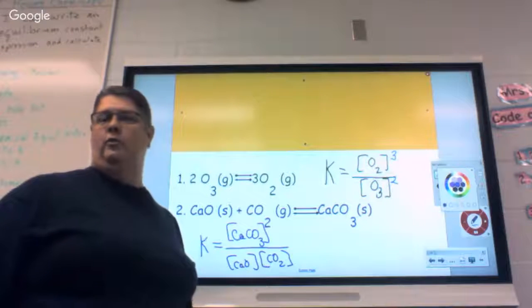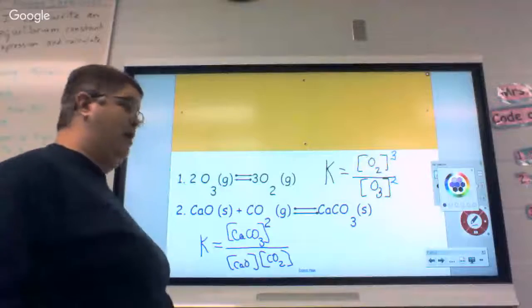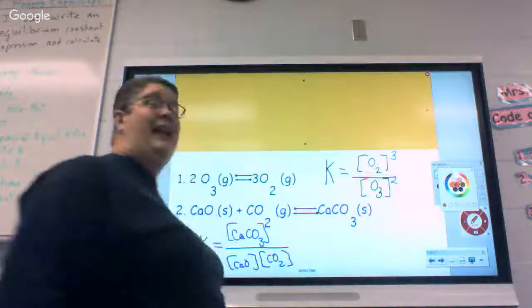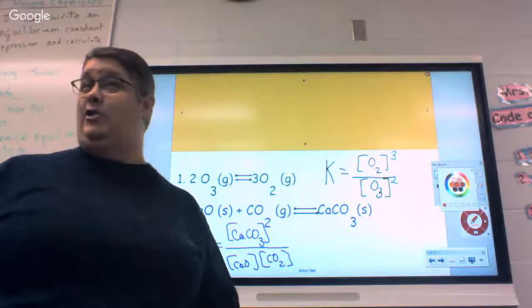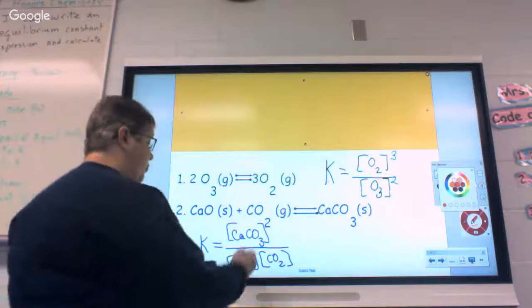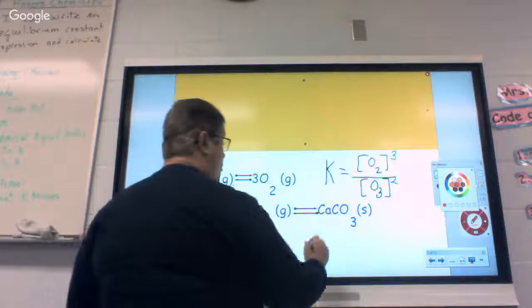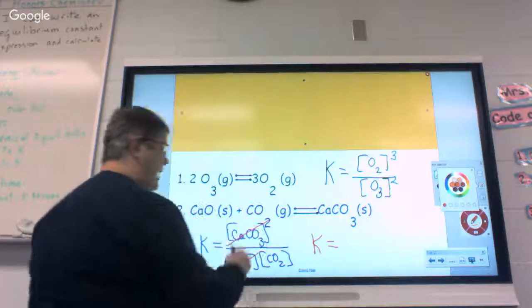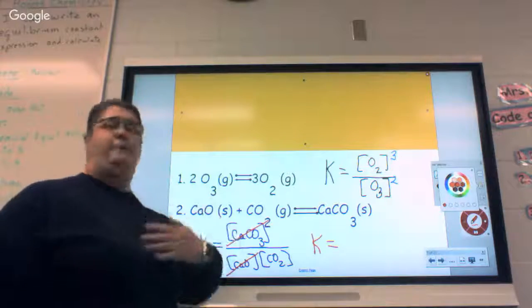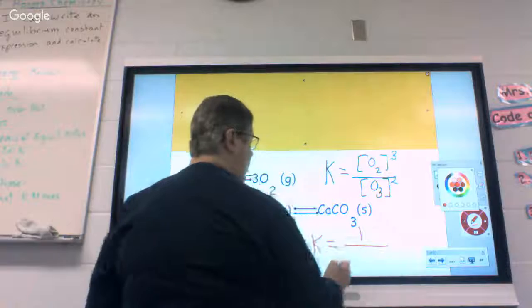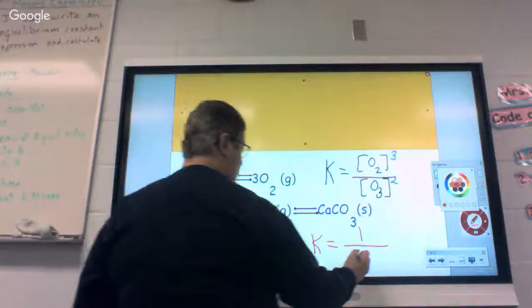So all the coefficients were what? 1. So I'm not going to put any coefficients for your exponents, right? And everybody's yelling at me that all the solids do what? So I'm going to take out the CaCO3 and the CaO. So what do I put in the place of CaO if the whole top goes away? Put a 1 on the top and 1 goes on the bottom. CO2.